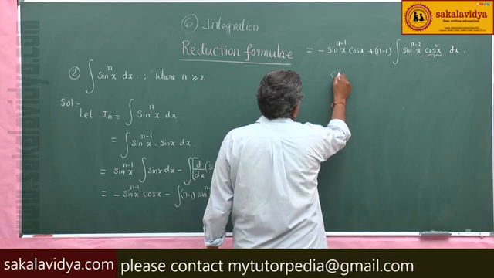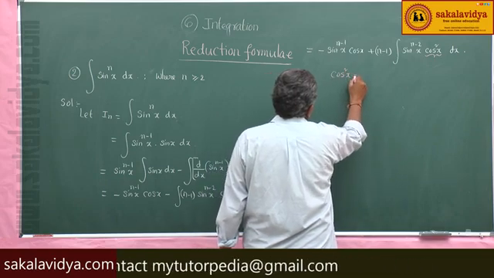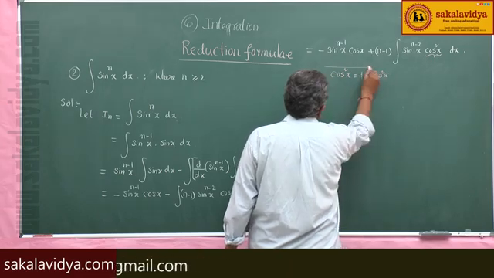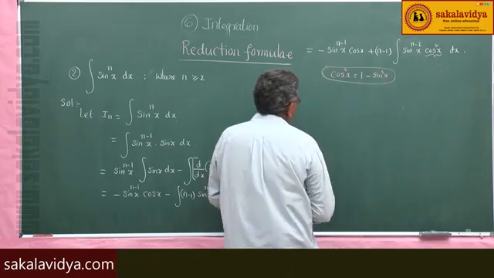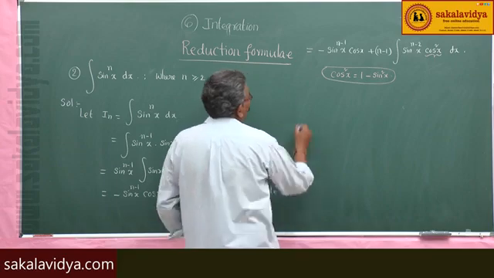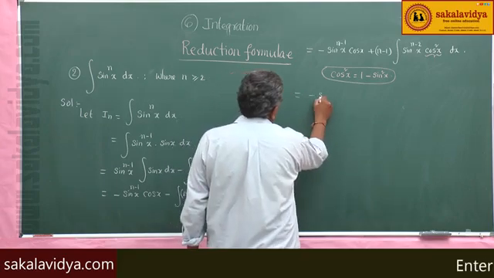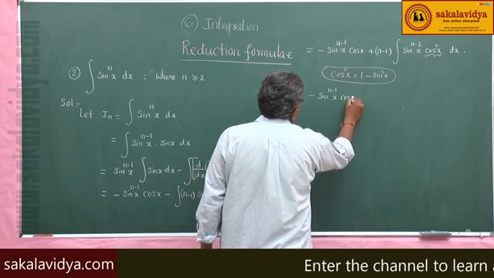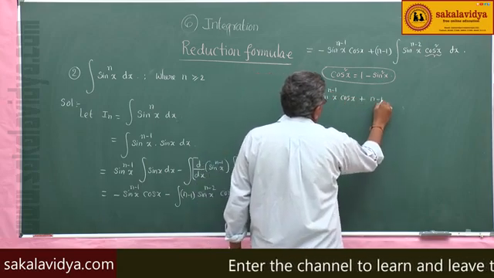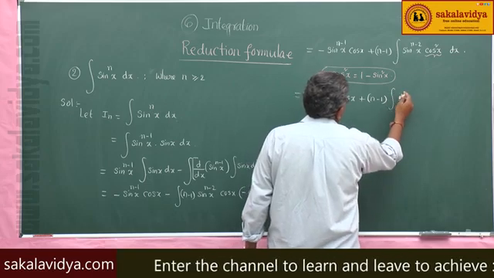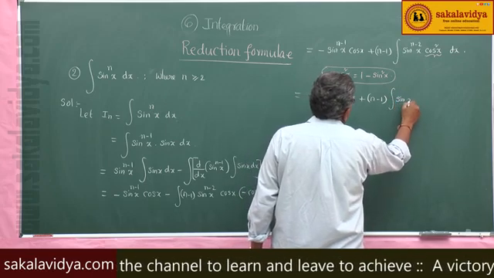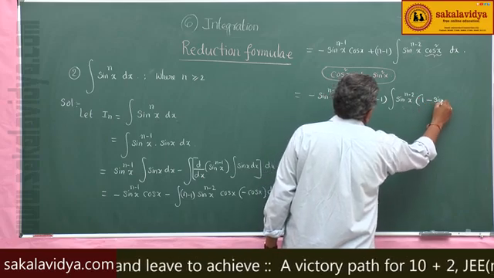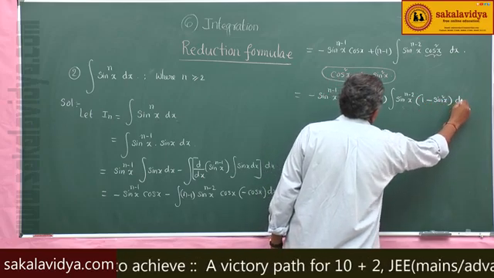We know cos square x is equal to 1 minus sin square x. So, this we can write now minus sin x to the power of n minus 1 cos x plus n minus 1 into integral sin x to the power of n minus 2 into 1 minus sin square x dx.